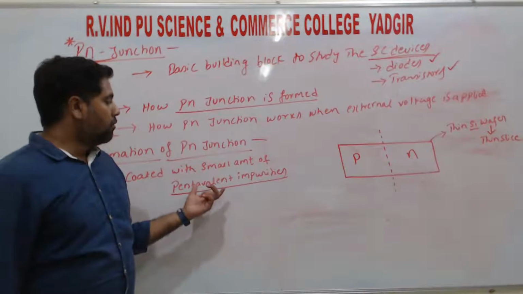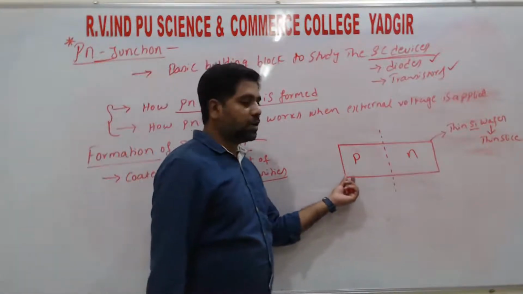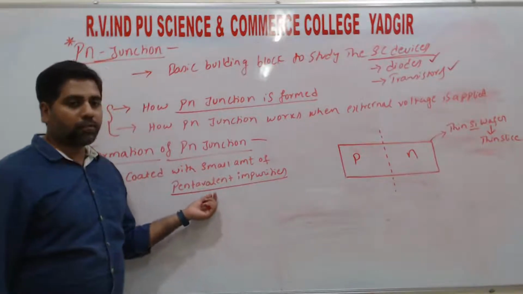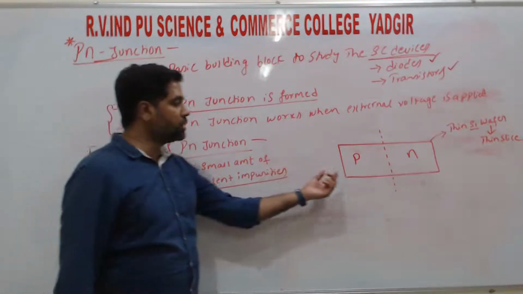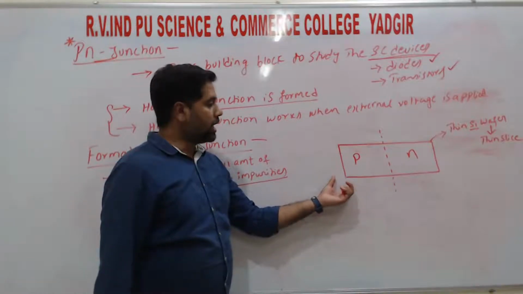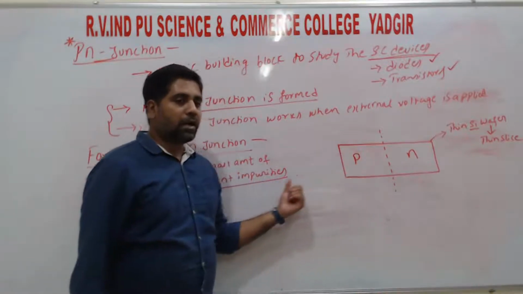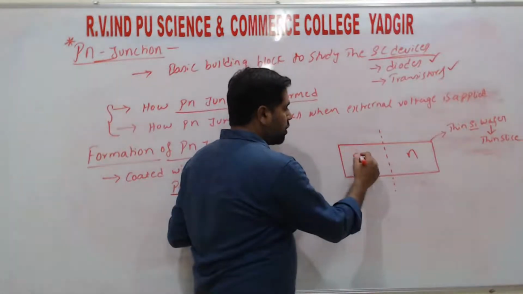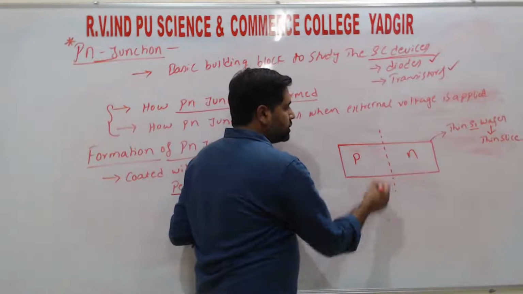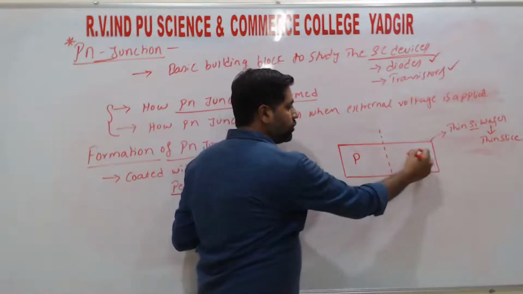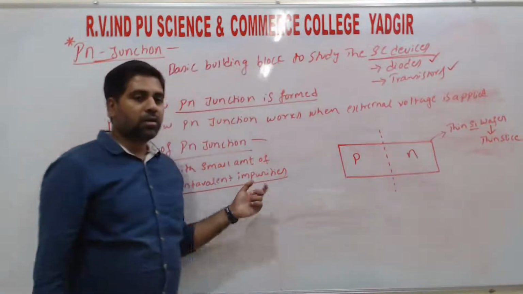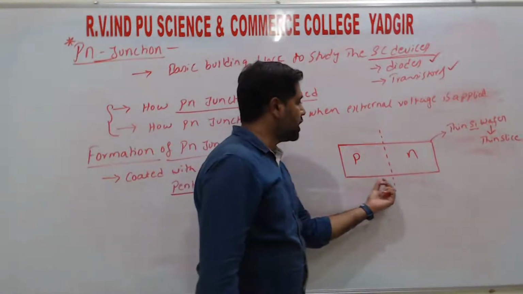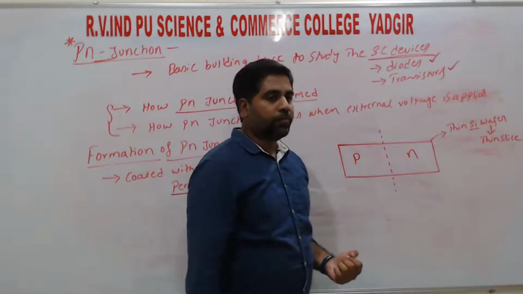So first we considered one silicon intrinsic semiconductor, next we coated it with a small amount of pentavalent impurities, then it becomes an extrinsic semiconductor, right? Because we coated it with the pentavalent impurities. So next, some part of the p-type silicon is converted into the n-type silicon semiconductor, forming the two regions, that is one p region and another n region, right?